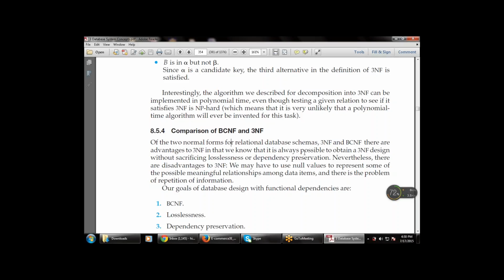There are some disadvantages of 3NF also: we may have to use null values to represent some meaningful relationships, and there is the problem of repetition of data. The advantage of 3NF is that there is no loss of data. The limitation is duplication of data, that is, redundancy is maintained in 3NF.